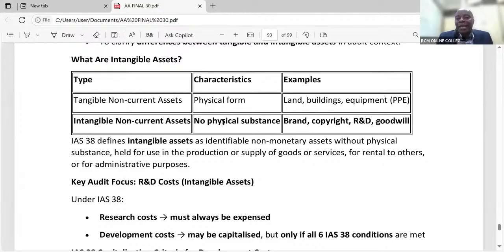So for example, we say RCM now is a big entity. We have built a big brand. That brand, you cannot see it. It is just somewhere there, maybe in the air, I don't know. Like when you have copyrighted material, that copyright will have some value, but that value is not something you can touch.